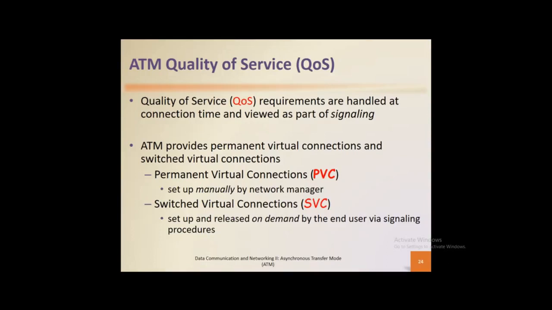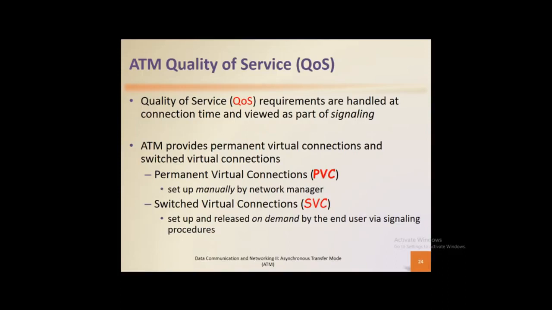Now, on the issue of services that ATM provides, since you want to guarantee a better service within a high capacity transmission like packet switching, you definitely want to put together some key measures that relate to quality of service.